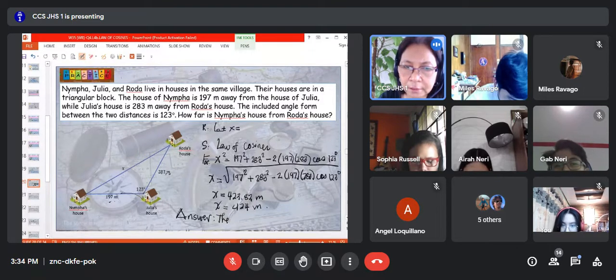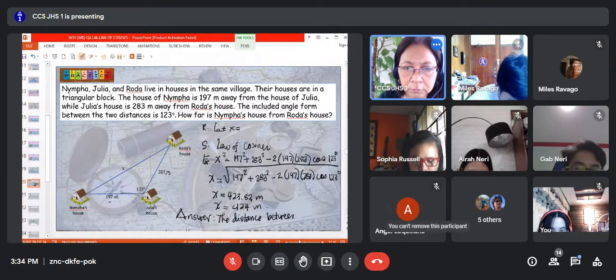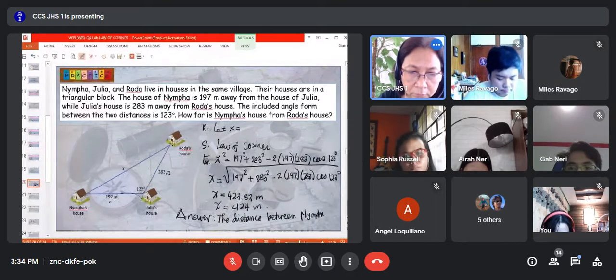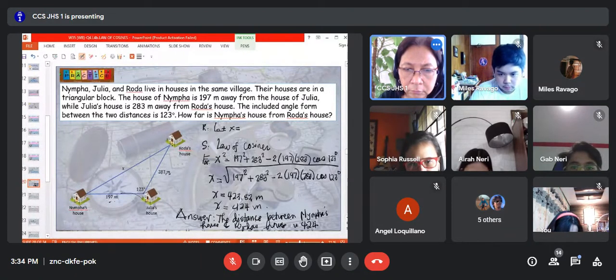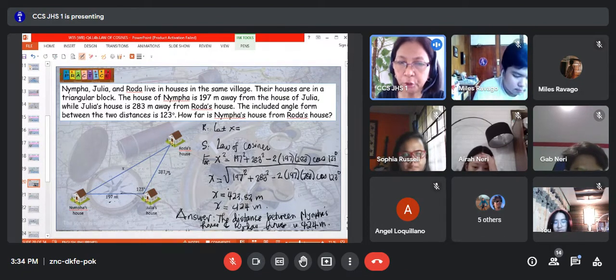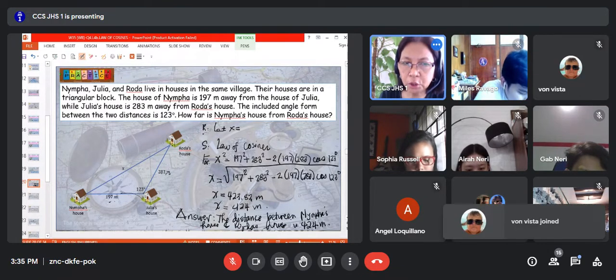The distance between Nympha's house and Rhoda's house. Okay, do you follow? This is what you're going to do with your IPT. Complete solution, organized solution, representation.